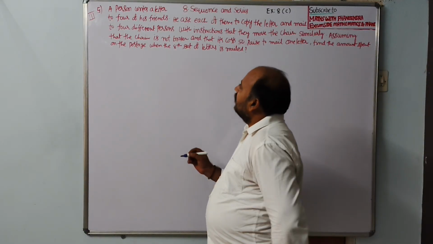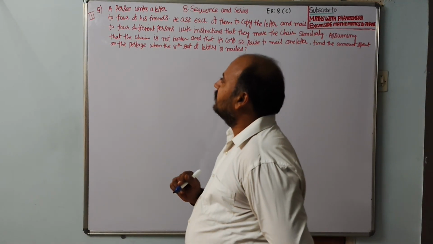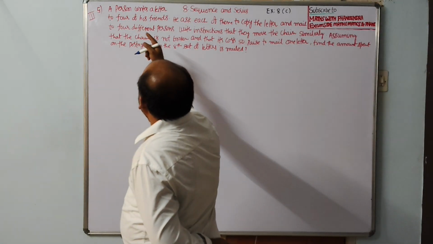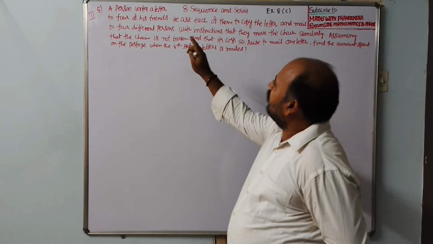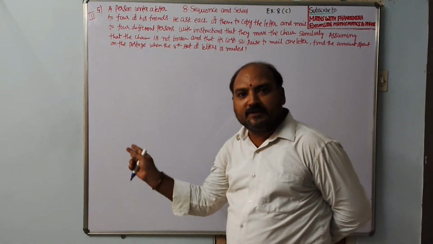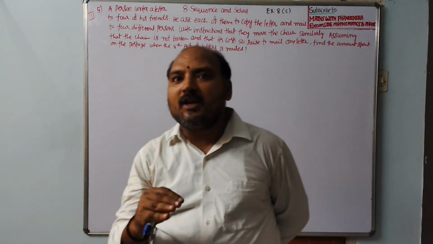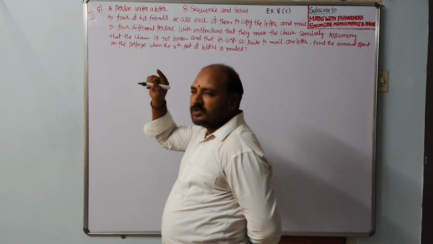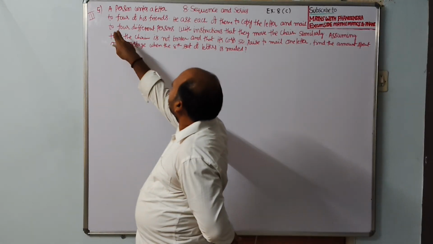See, here the thing is, by observing, a person writes a letter to 4 of his friends. So initially, the person, initial means what? It shows geometrical progression.